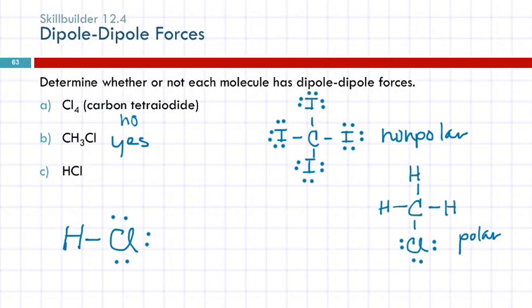If they are the same, like two hydrogens, two nitrogens, two chlorines, then obviously the electronegativity is the same. So if those two are different, I expect you to tell me that's a polar molecule. Will that always be true? No. But would I ask you a question to mess you up with that on an exam? No, I wouldn't do that to you. So this has dipole-dipole forces.